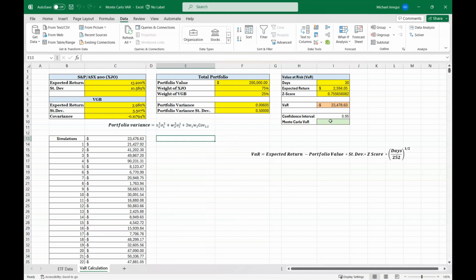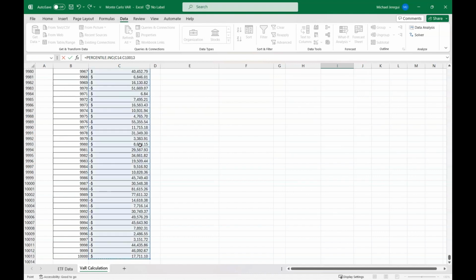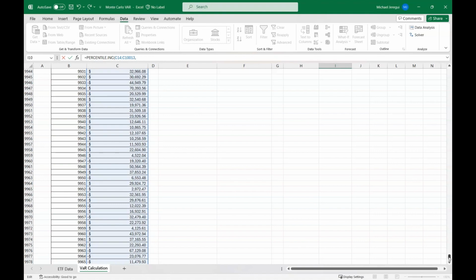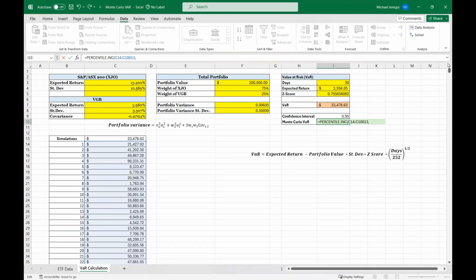Now, to get the actual answer for the Monte Carlo value at risk, we go here in the box that I've made and type in PERCENTILE.INC. Then we go from number 1 all the way to the bottom, which you can do by pressing Control Shift, then the down arrow, then pressing comma, and then we drag all the way up. 1 minus the confidence interval.